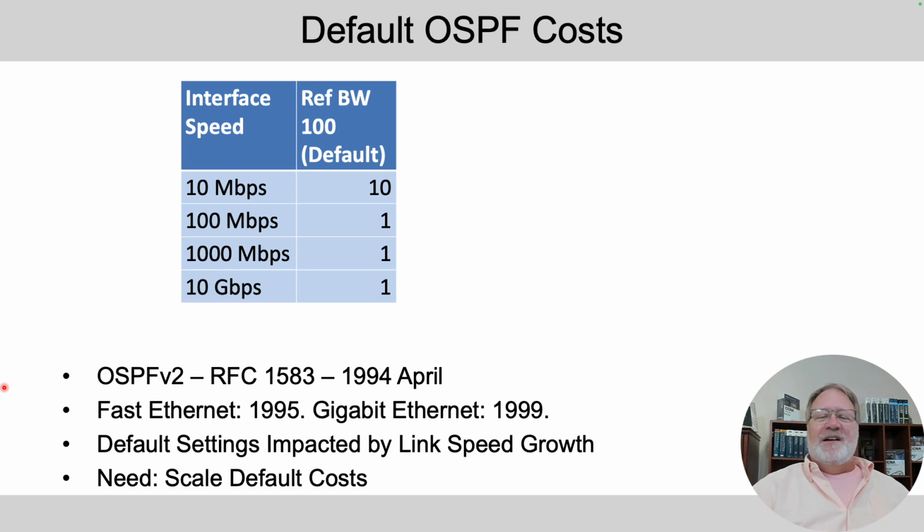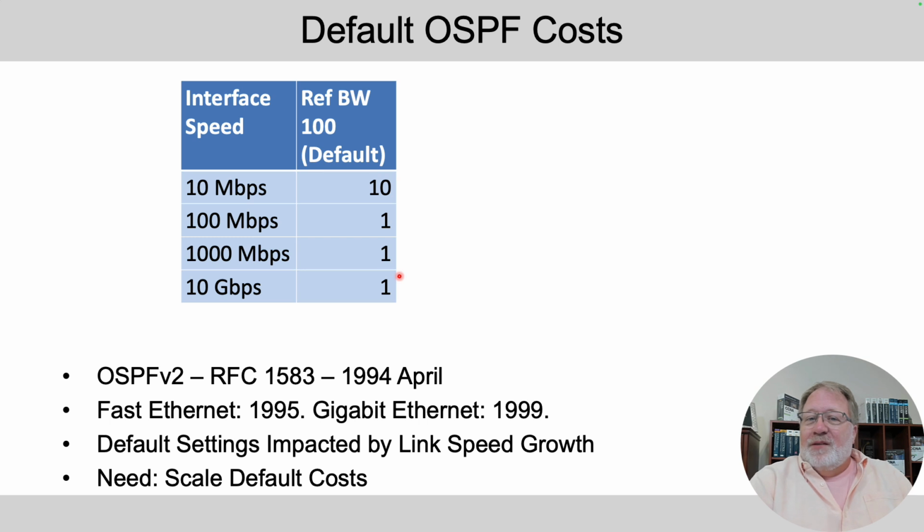Here's the thing. There's a setting called reference bandwidth in the routers, and if you have the default reference bandwidth setting, then the cost value on a 10 megabit link is 10, but the cost value by default on 100 meg, 1 gig, and 10 gig all tie at 1.